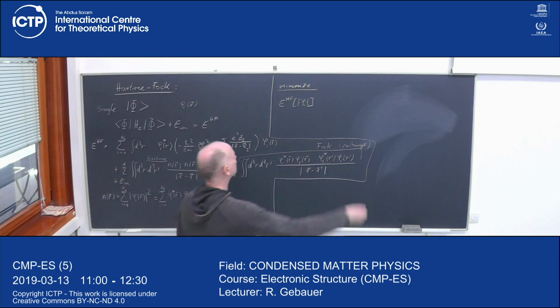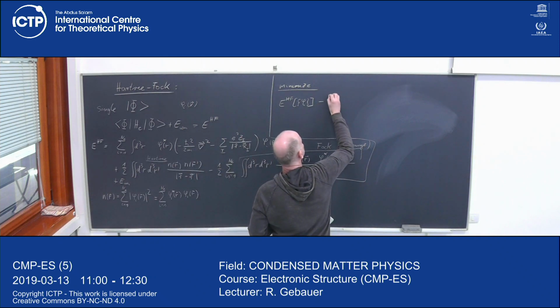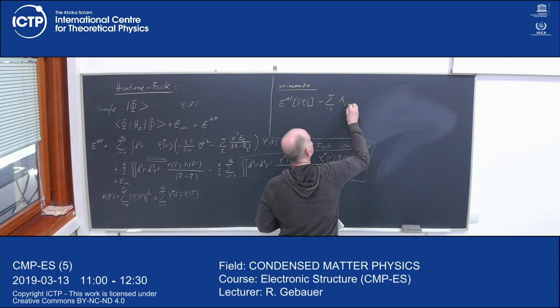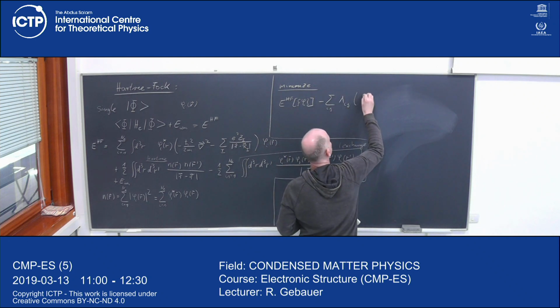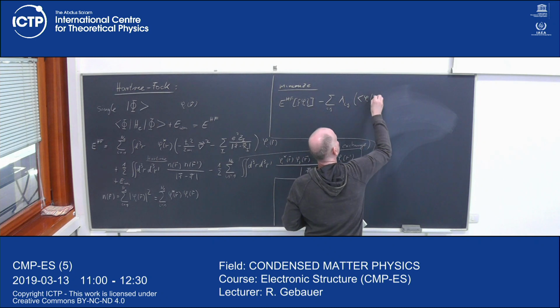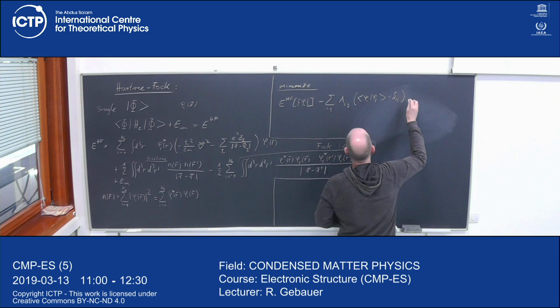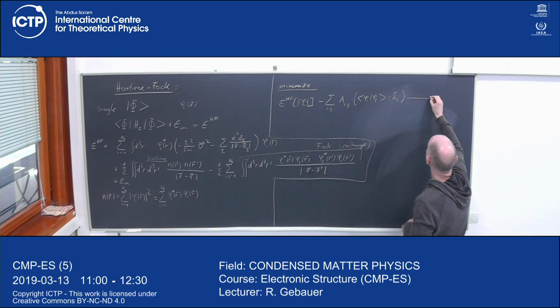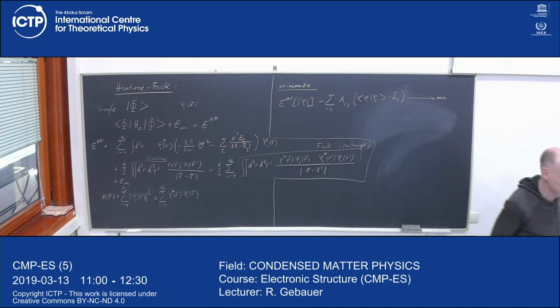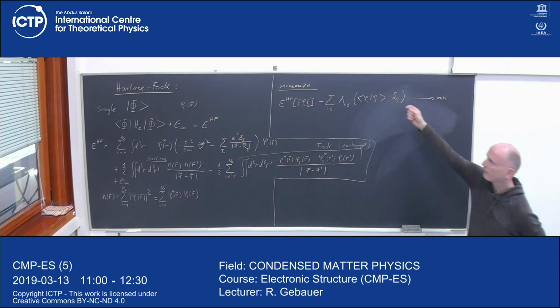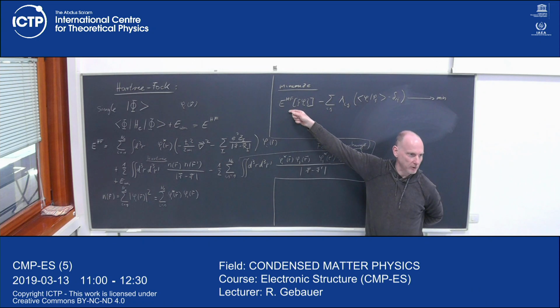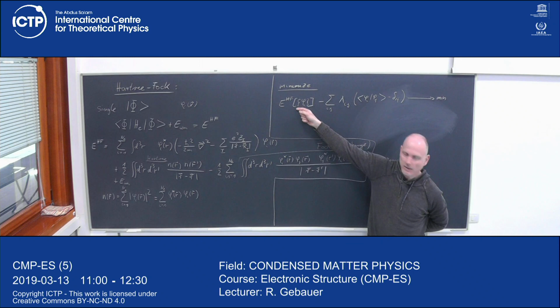So what one does normally is one writes this here minus a sum over ij lambda ij times phi I phi j minus delta ij, and this object here must go to the minimum. So what is this? On one hand, this is the quantity we want to minimize, the Hartree-Fock energy. And we want to find those orbitals which minimize it.